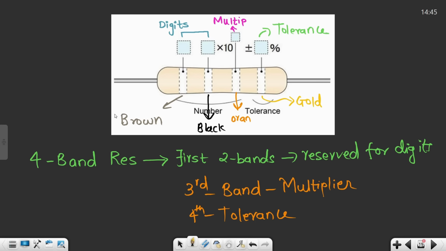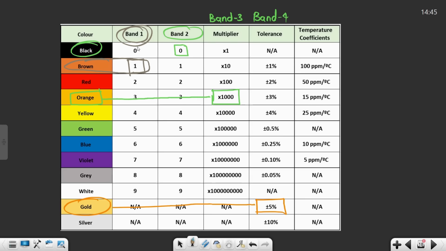So the first two bands tell us the digits, right? Brown and black. So we just need to write those particular values. Brown was present at band number 1, so the value over here is 1. Don't worry about how exactly these values came. This is not the point of our interest.